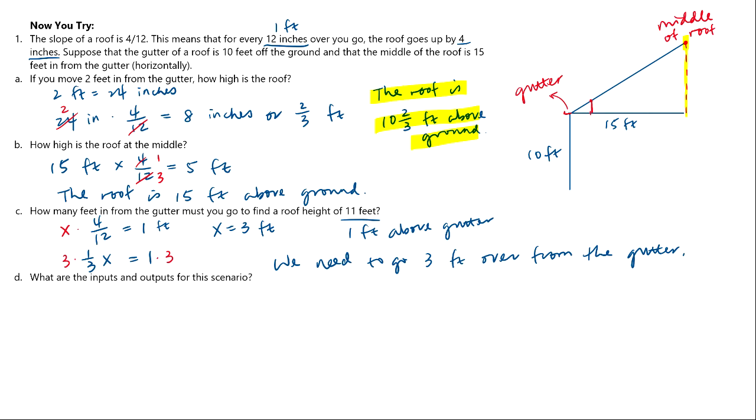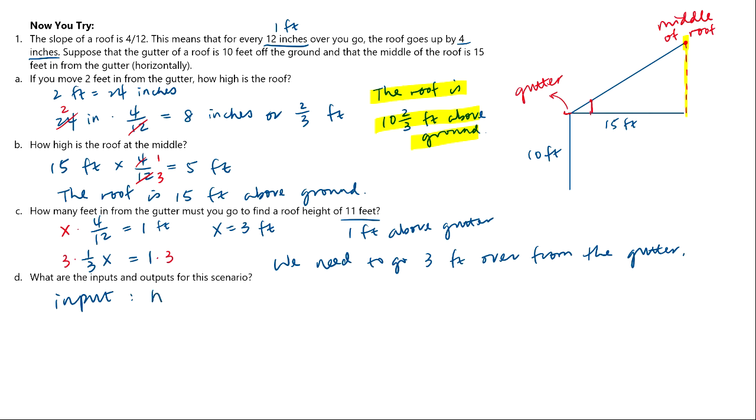And now if we want to think about what the inputs and outputs are over here, again, the inputs are whatever we plug in that we can just calculate or evaluate in order to find the answers. When we look at what we did with parts A and B, we multiplied the number by 4 over 12. That particular number is the horizontal distance that we need to go from the gutter to any part of the roof. So the input is a horizontal distance.